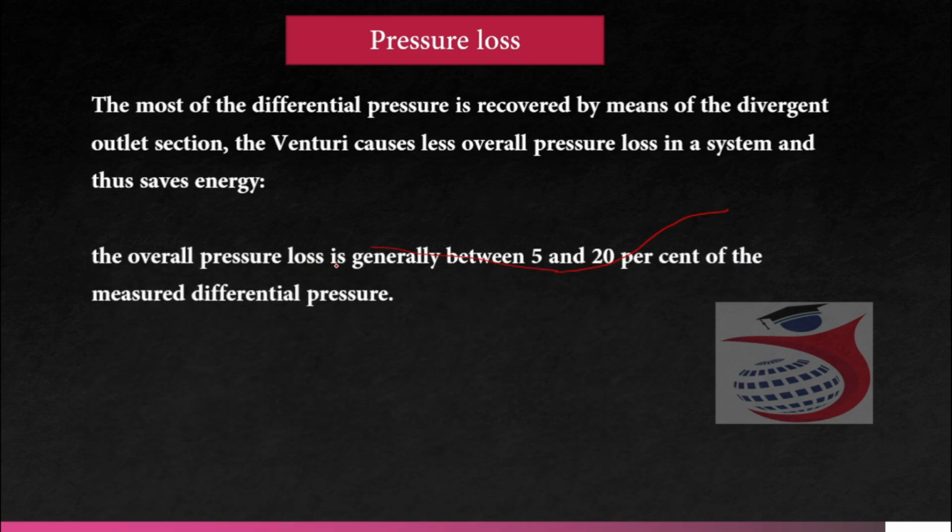The overall pressure loss is generally between 5 to 20% of the measured differential pressure, because of the outlet divergent cone. The Venturi causes less overall pressure loss in the system and thus saves energy. If there is a reduction in pressure loss, then ultimately it is saving energy.